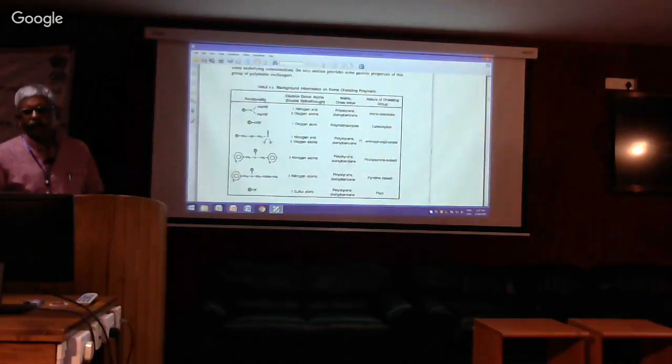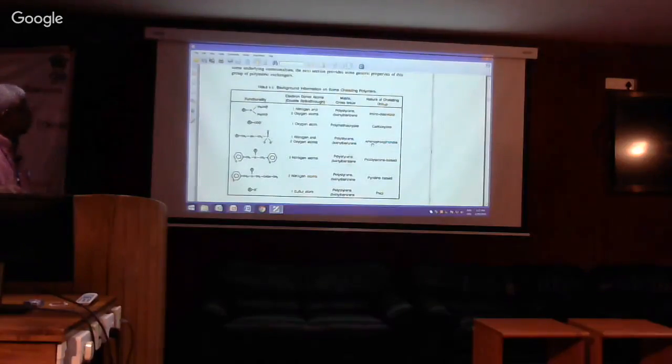So when we talk of heavy metal removal, chelating exchangers are typically our choices. People make new resins all the time, and you can make some resin for some very specific purpose. But in general, if you're looking at commercially available resins, these are the functional groups that we use most of the time.